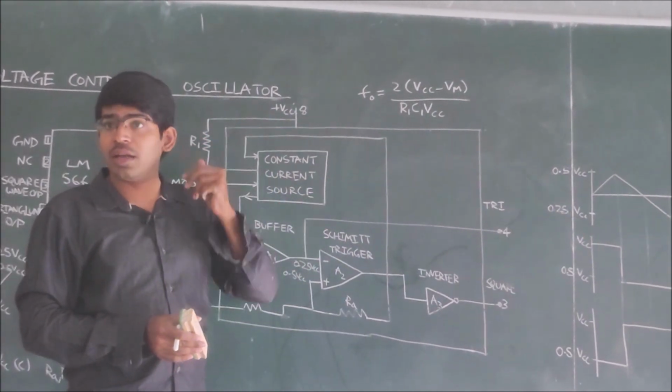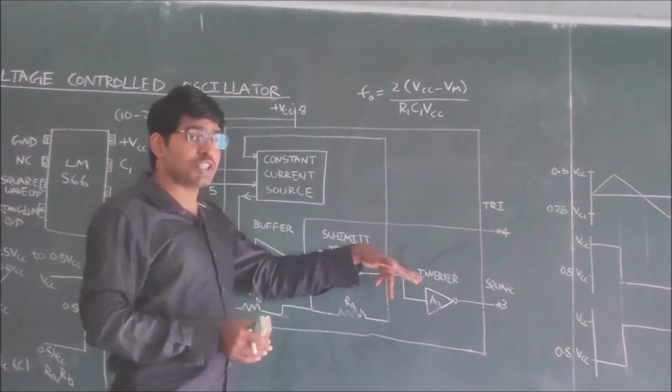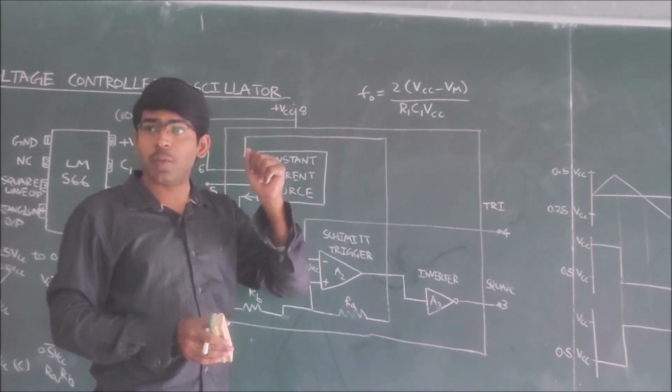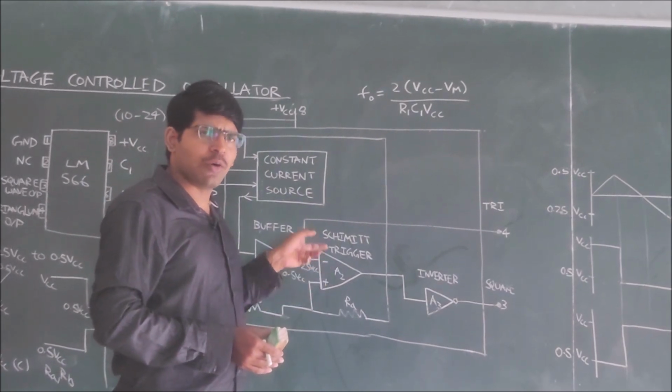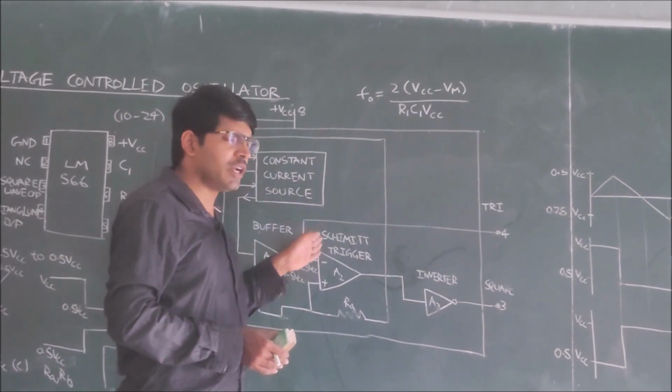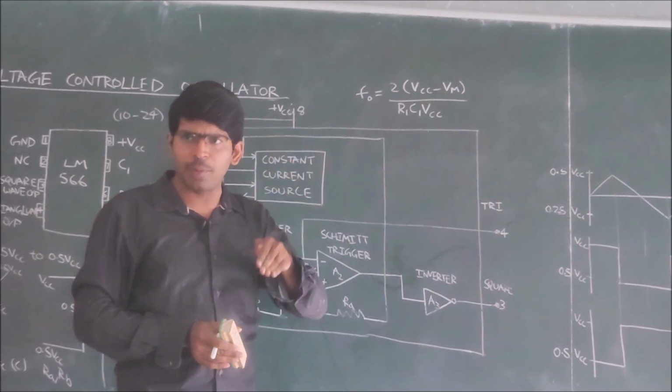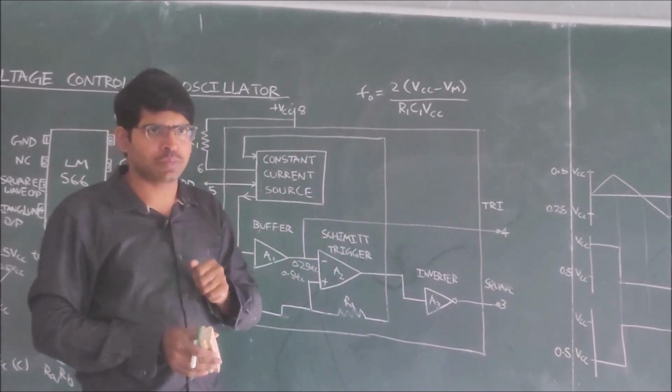Schmitt trigger we have already learned. The output of this Schmitt trigger is nothing but a square wave. We have given the triangular wave input at the inverting terminal of the operational amplifier A2.